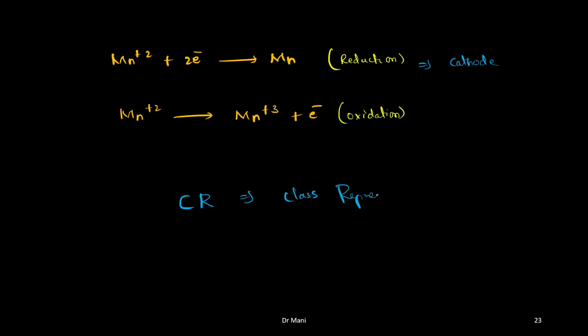Every class will have a representative. Class representative means cathode reduction. And AO, you can remember as anode oxidation. If you want, I'll make a mnemonic and tell you tomorrow. So remember, reduction is cathode, oxidation is anode.